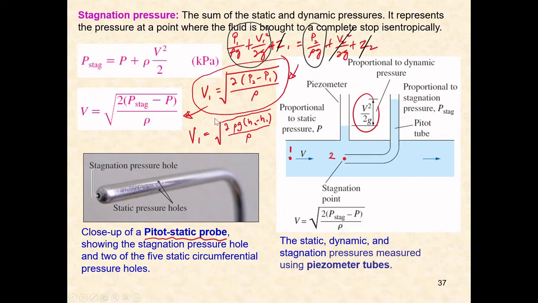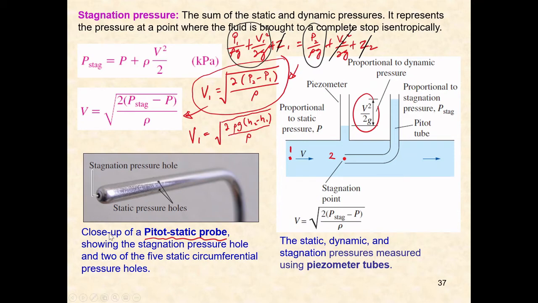So if you simplify this equation, you will get V1 squared over 2g. That's basically the height, and this formula allows us to determine the velocity of the incoming fluid. Without needing a meter, we just look at the difference of liquid height, and we can determine the velocity of the moving fluid.